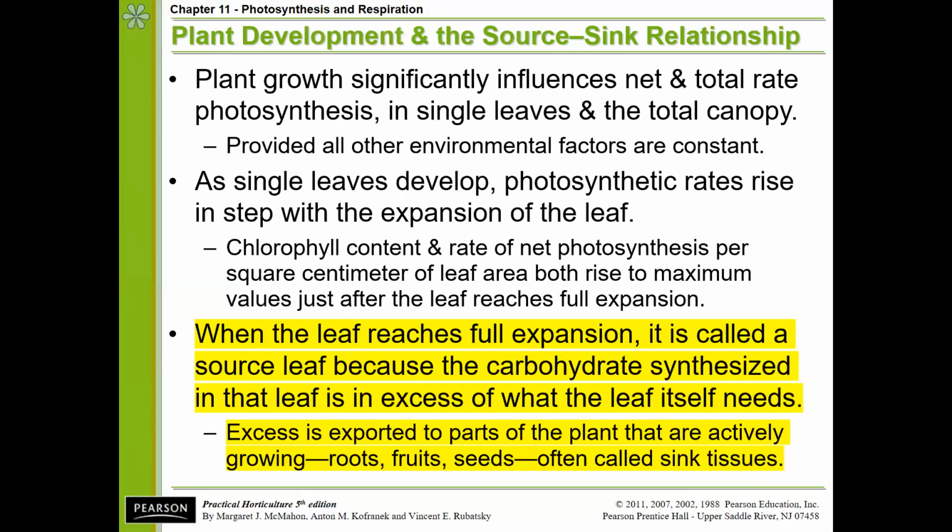If you look at cacti, they don't have leaves. Instead, they have these spines, and all that photosynthetic area is in the stem. So in some cases, we have a little bit different anatomy there, but generally leaves are sources, other tissues are sinks.